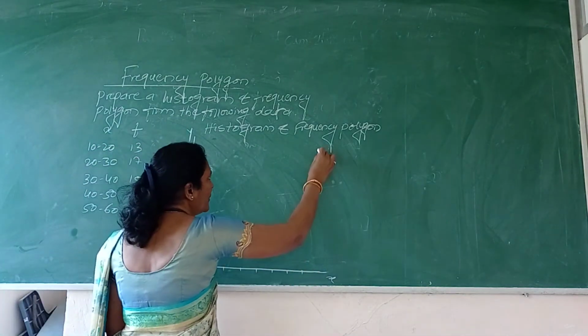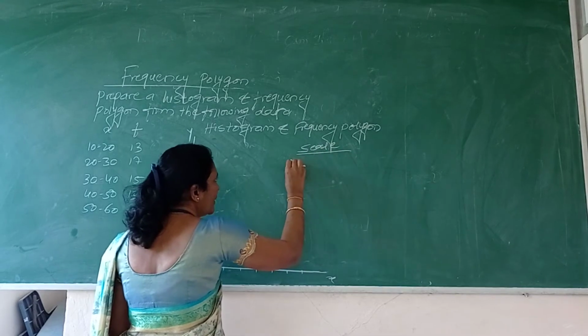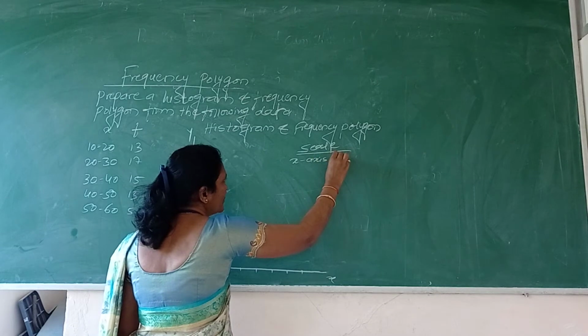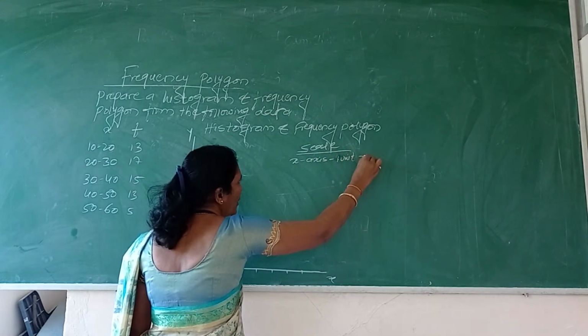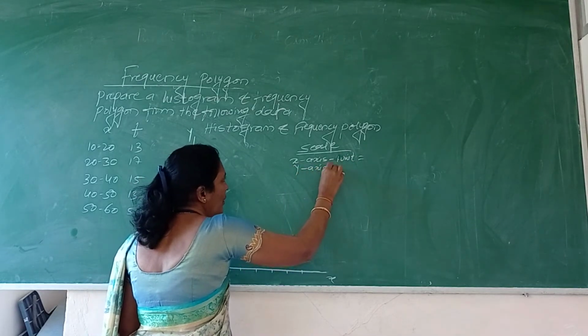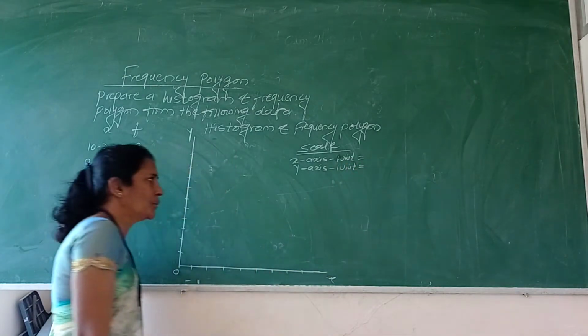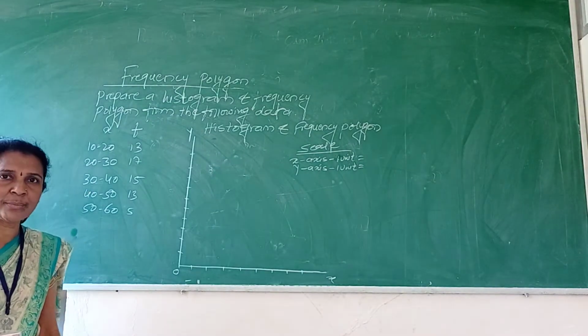Once this is done, what is the scale you have taken? Write it. Scale: X axis, 1 unit is equal to what? You have to write. Y axis, 1 unit, or 1 centimeter, is equal to... this totally depends on the paper size or available space.